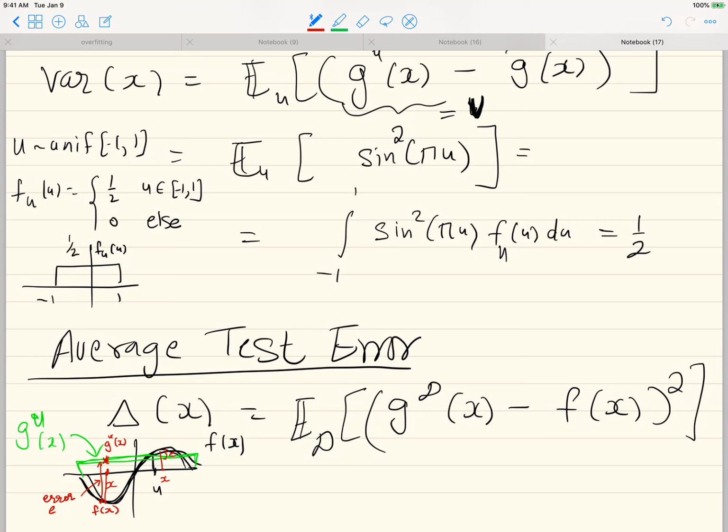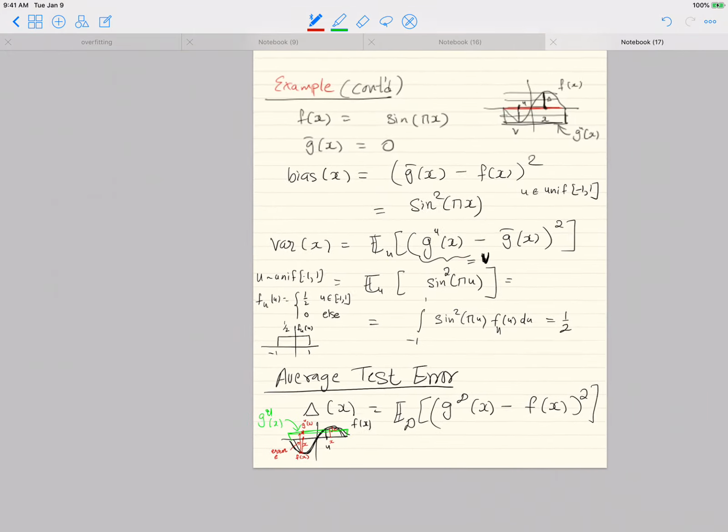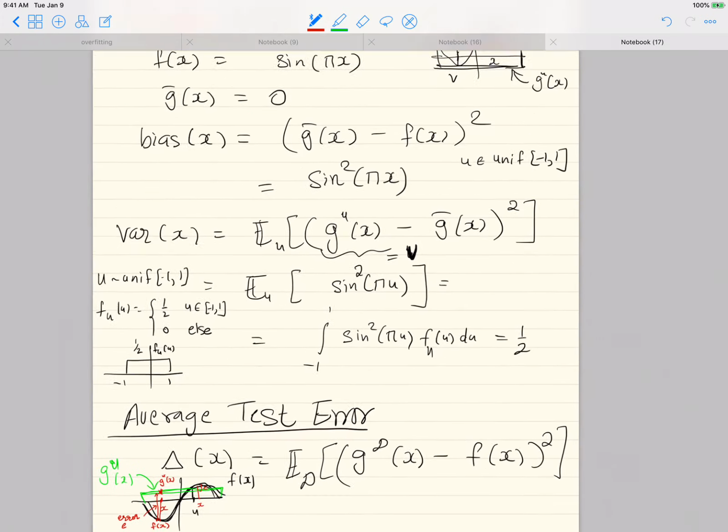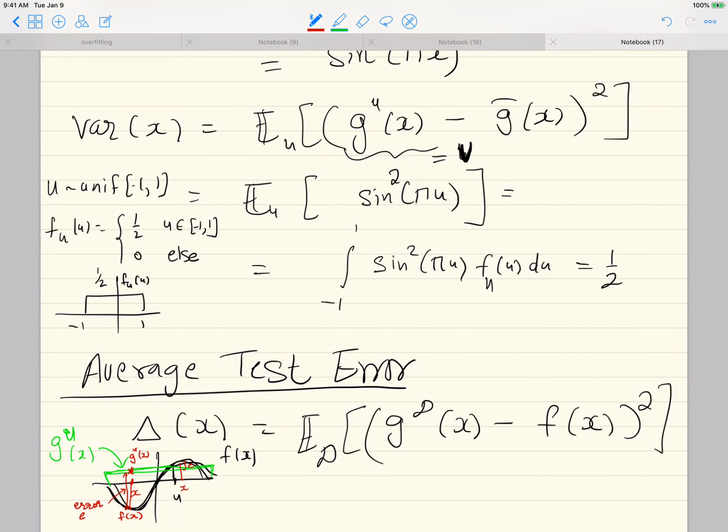We are taking the expectation with respect to d. We want to understand on average, as we change d, as we draw different lines here, what is the test error going to be? So we fix x, we fix the query point during the test phase, and we change the training sets. That's how we have an expectation with respect to d.